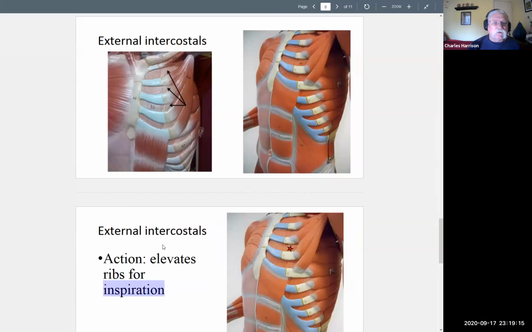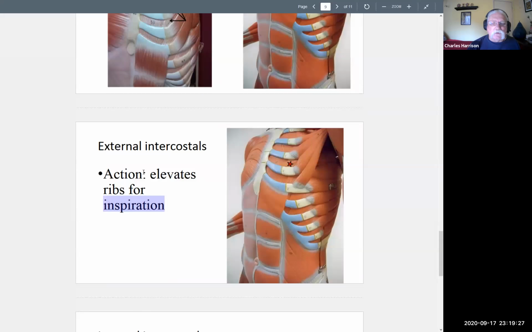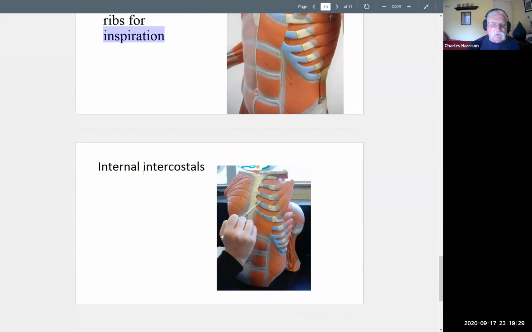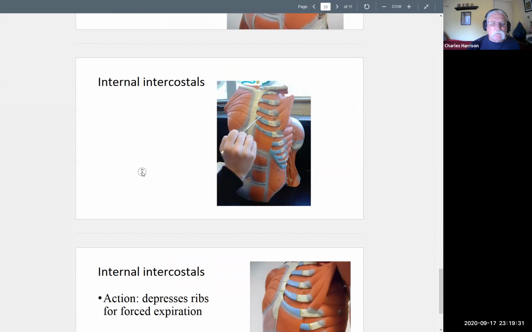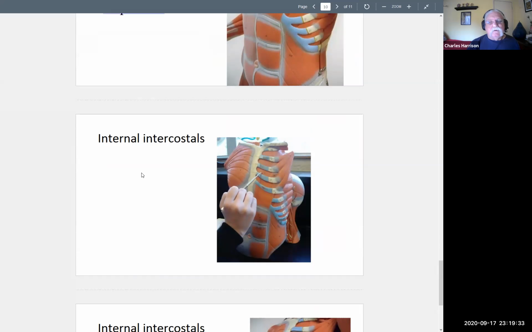The internal intercostals cause the chest cavity to collapse, cause the sternum to come back, lower the ribs. When you breathe in, that takes effort.